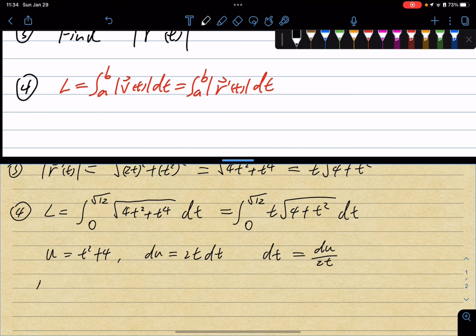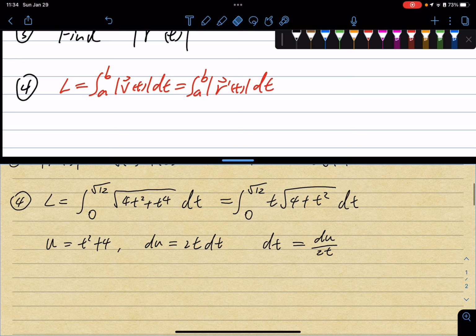For some people, they like to find the new bounds for the new variable u. I don't do that. I like to save myself some hassle and return to my original variables. So I don't put the integration bounds in, because they no longer represent the bounds of u.